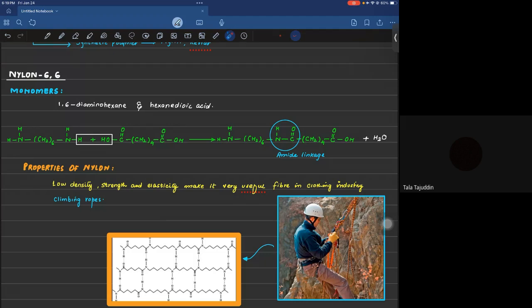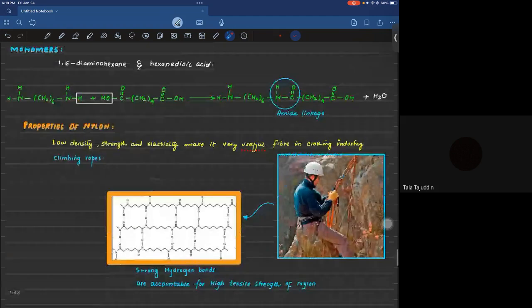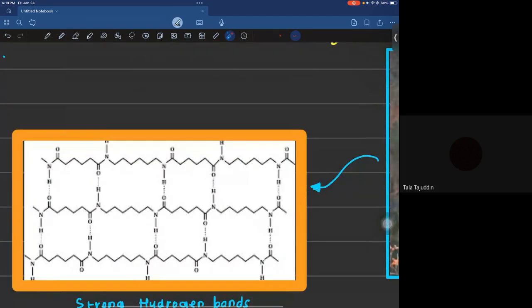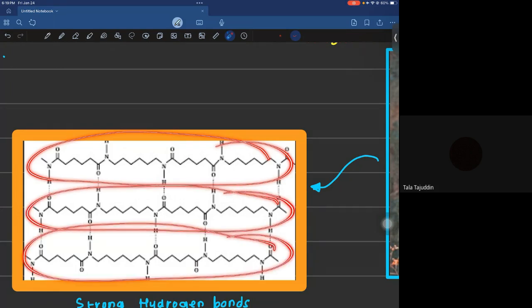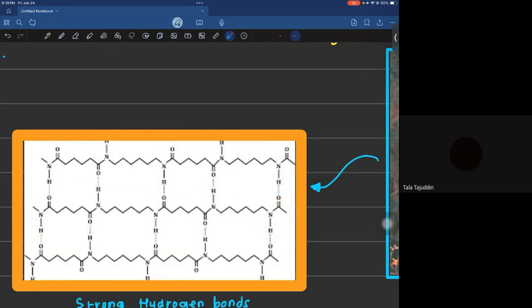How can I say that nylon 6,6 is very strong? I have shown in this diagram the chains of nylon polymers, in which you can see the hydrogen bonding between the layers of nylon.